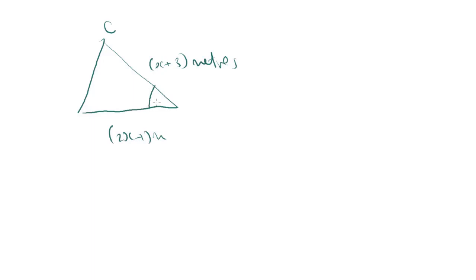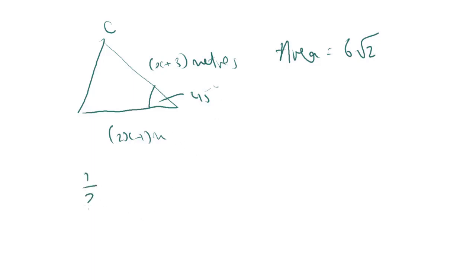So we had our triangle, C, it's 3 meters, and then we had 2x minus 1 meters. I'm just going to put m, and then we had this as 45 degrees, and we knew that our area was 6 square root 2. So we want to find x.